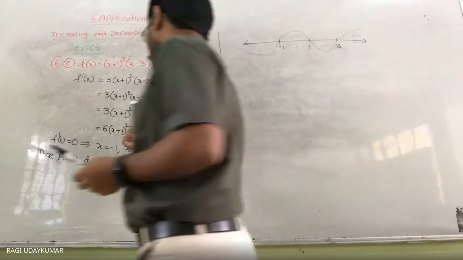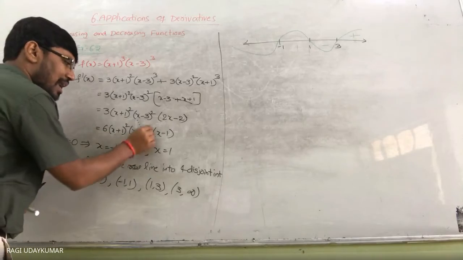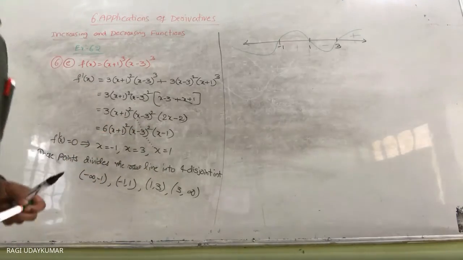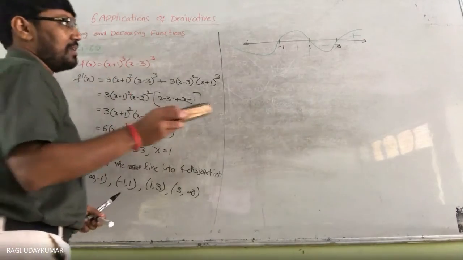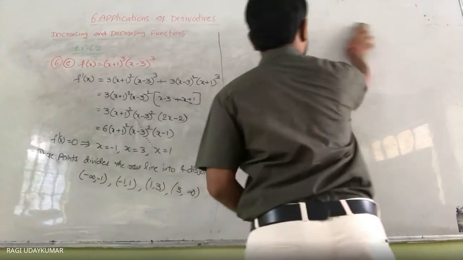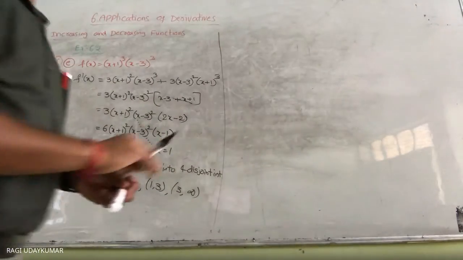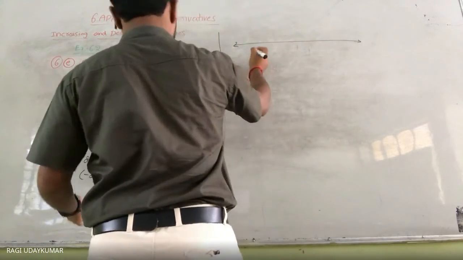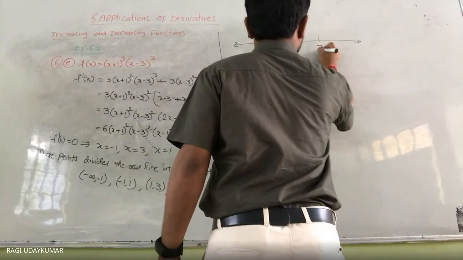Why? Because you observe that my concept is that ये positive है, ये positive है, so these are not changing the f dash of x sign. They won't change the sign, so you need to concentrate on only x minus 1. x minus 1 पे concentrate करना है, so it's a simple task that although you mentioned that it is going to break at minus 1, 1, 3.